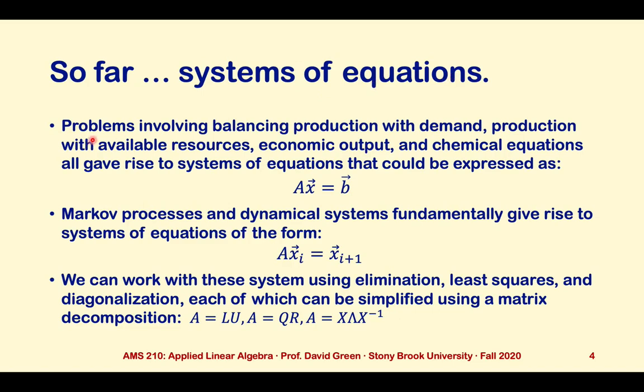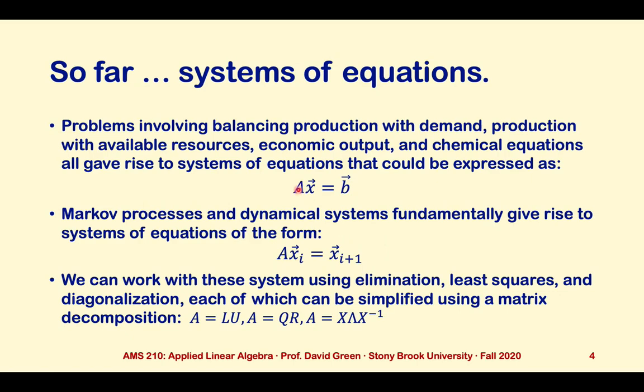We've looked at problems involving balancing production with demand and resources, economic equilibrium problems, chemical equation balancing, a number of other types of application problem that gave rise to systems of equations that could be expressed in the form AX equals B. We discussed Markov processes and dynamical systems that give rise to systems of equations of the form AX_i gives us X_(i+1), where there's a time dependence to the system.